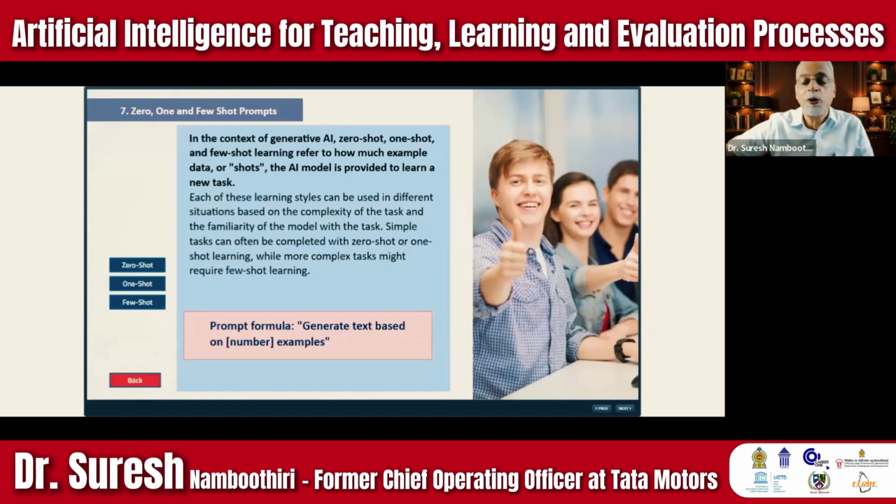Or with this you create a hypothesis, and for that hypothesis you create an academic paper with references in Chicago style. You can write like this, and it will do it. This is the capability of generative AI.